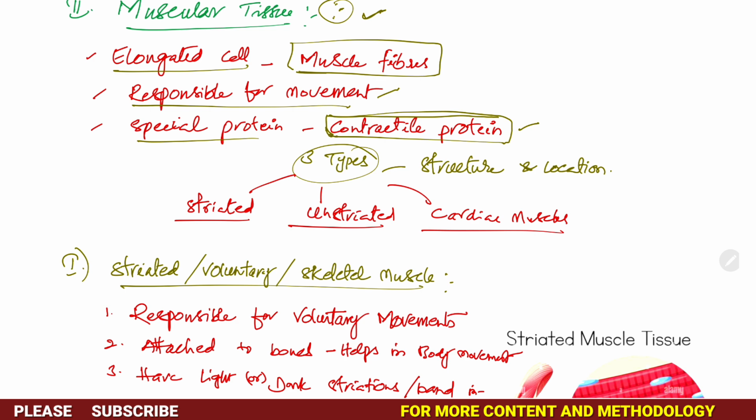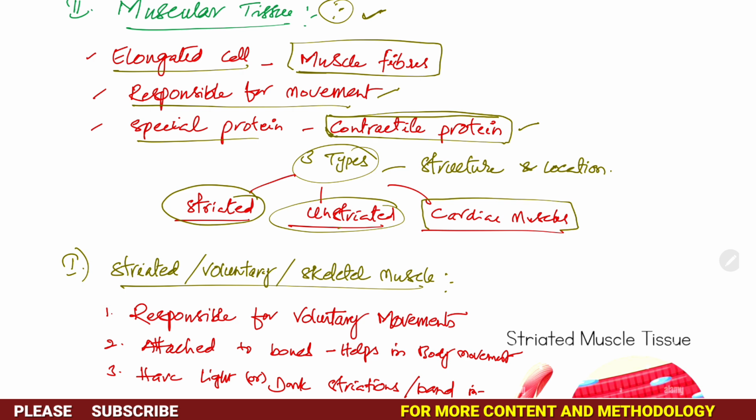Based on the structure and location of this tissue, it can be classified into striated, also called voluntary, unstriated, also called involuntary, and cardiac muscles. So muscular tissue can be classified into three types.